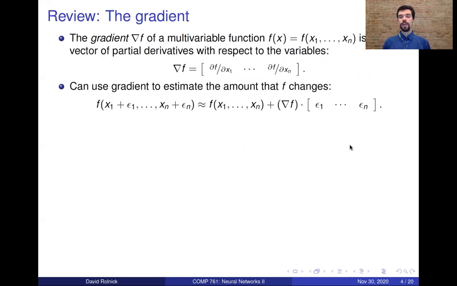As we saw before, we can use the gradient to estimate the amount that f is changing. If we add epsilon 1 to x1 all the way up to epsilon n to xn, then we can approximate the function at this new point by taking the function at the old point and taking the gradient and dotting it with the epsilon.